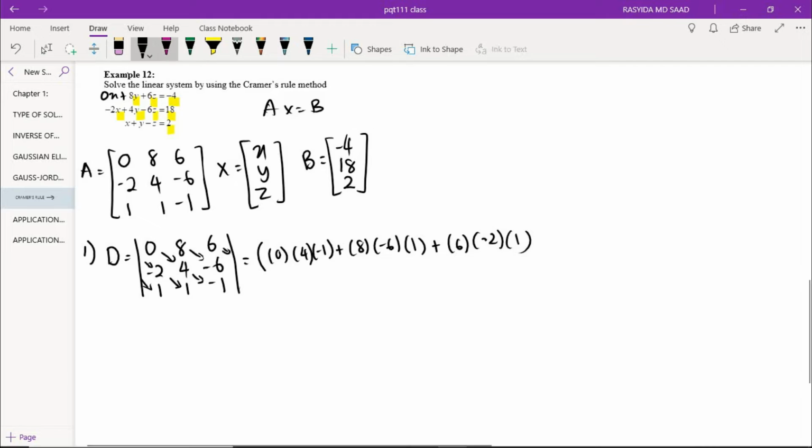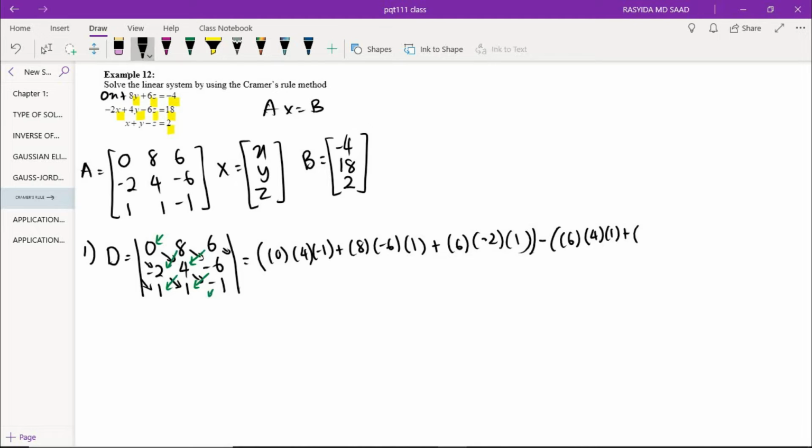Okay, and then the other side, so 6 times 4 times 1, minus 6 times 4 times 1 plus negative 6 times 1 times 0, and also negative 1 times 8 times negative 2.